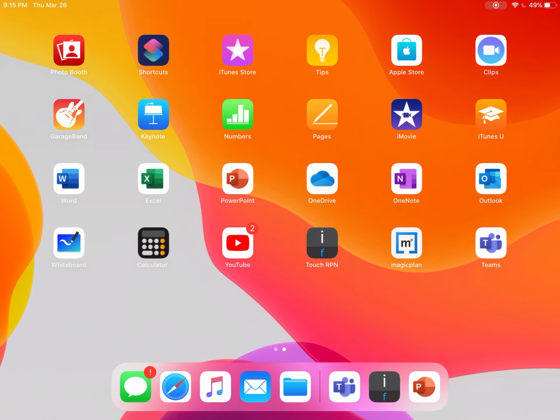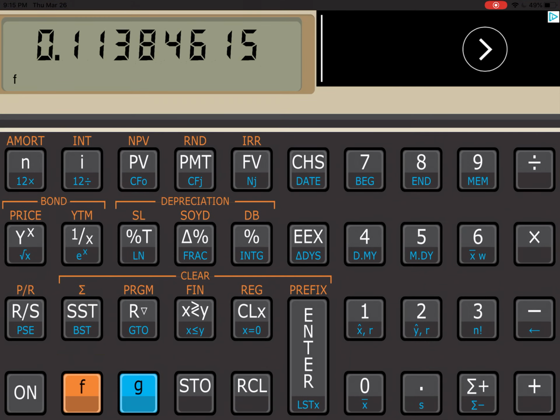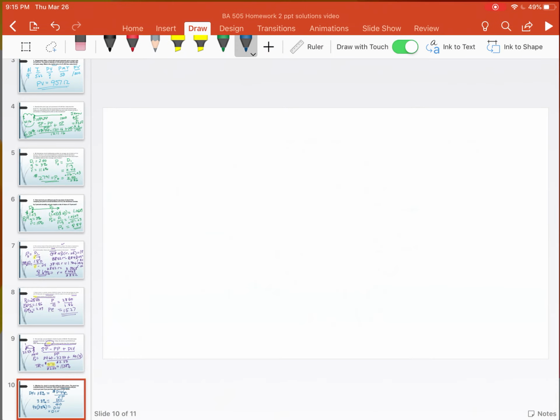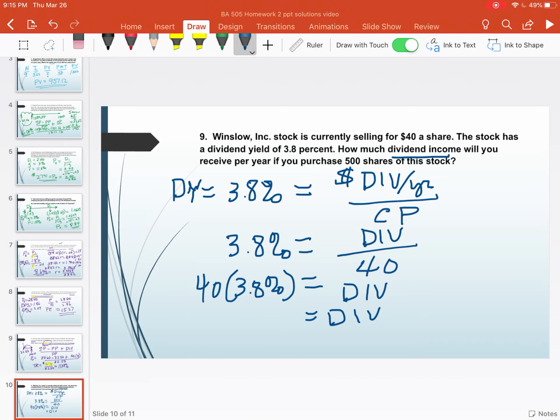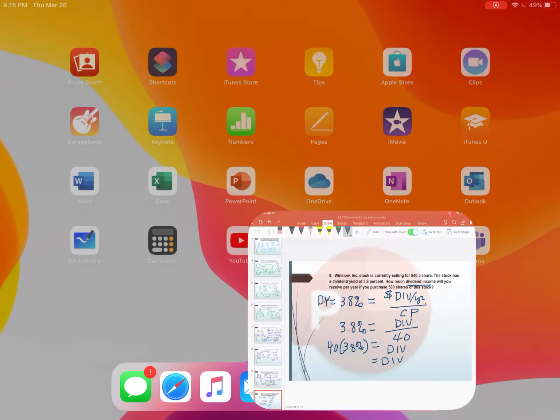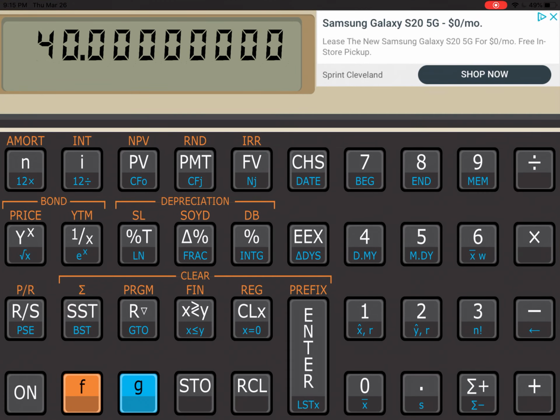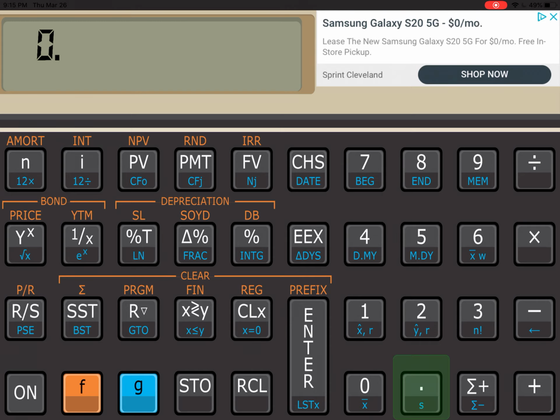So 40 times 3.8%, F clear, FG clear. So 40, enter, and 3.8%. 3.8% is 0.038.